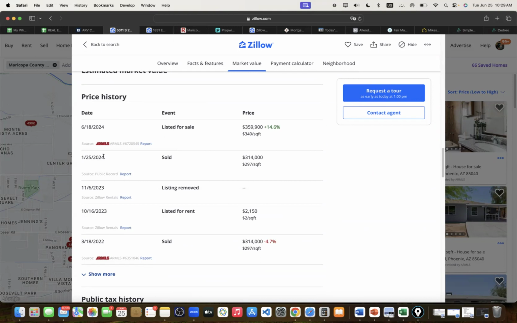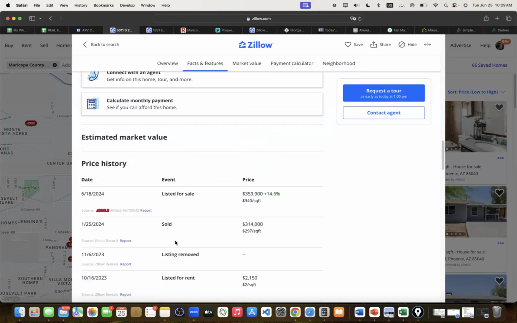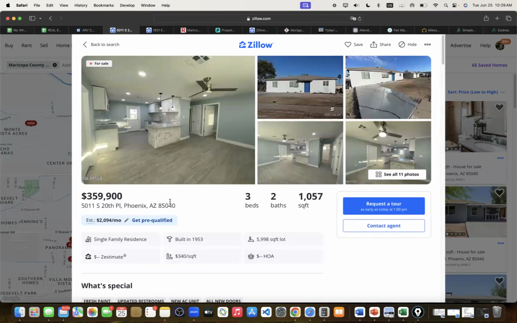Actually, no. What happened here? Listed, sold, removed. It was a rental property. That's up for 314. This could possibly be a good subject if there's a loan.